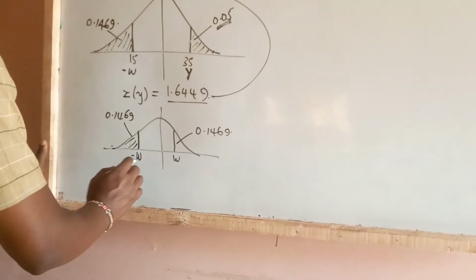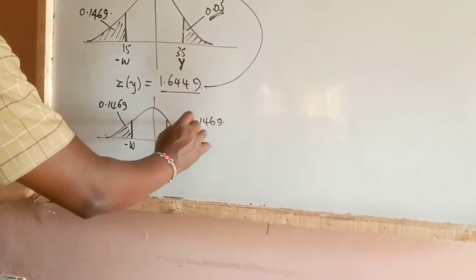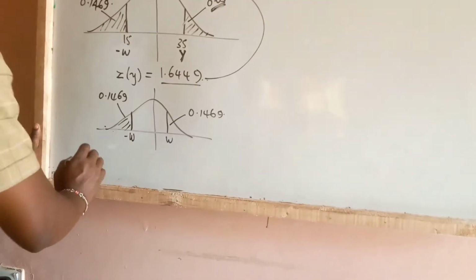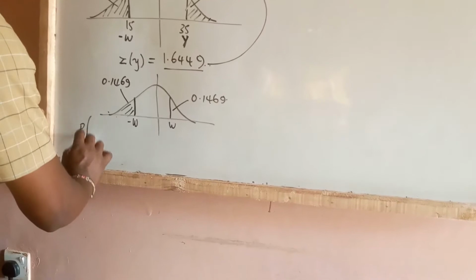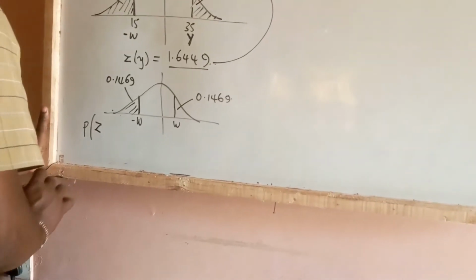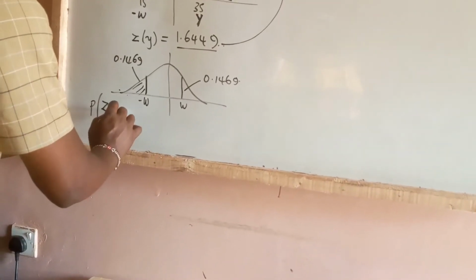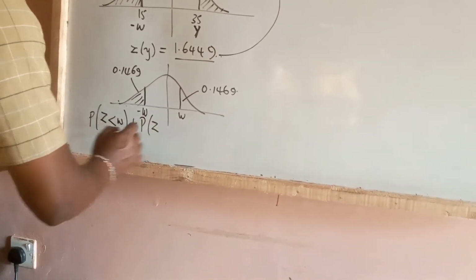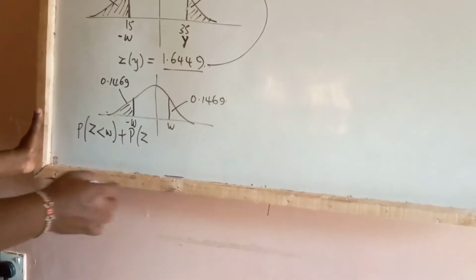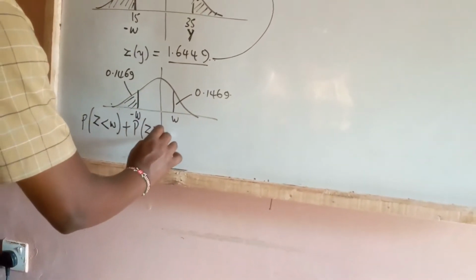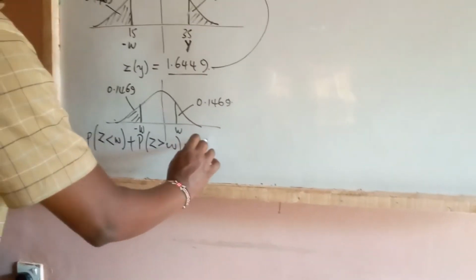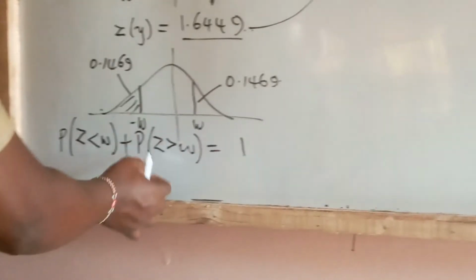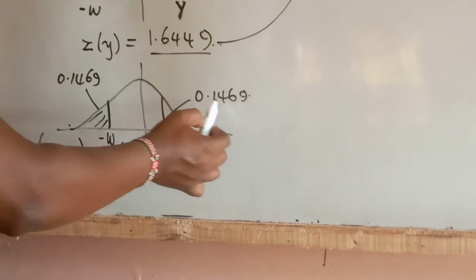At this point, we can say, when we add this region plus this region, we are looking for the boundary. So the probability of z less than w plus the probability of z greater than w is equal to 1. But this probability of z greater than w is here.